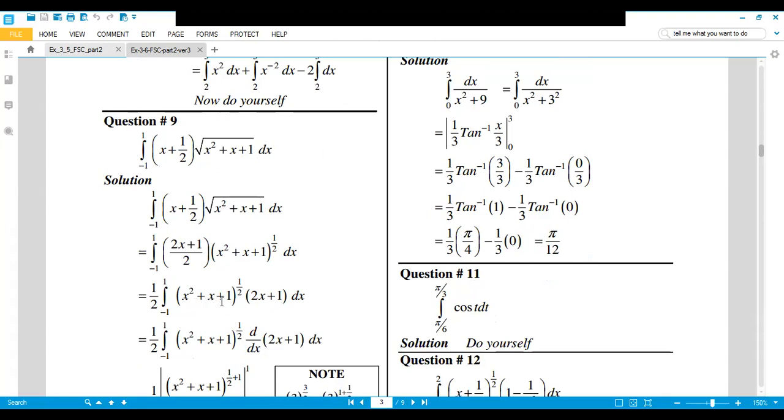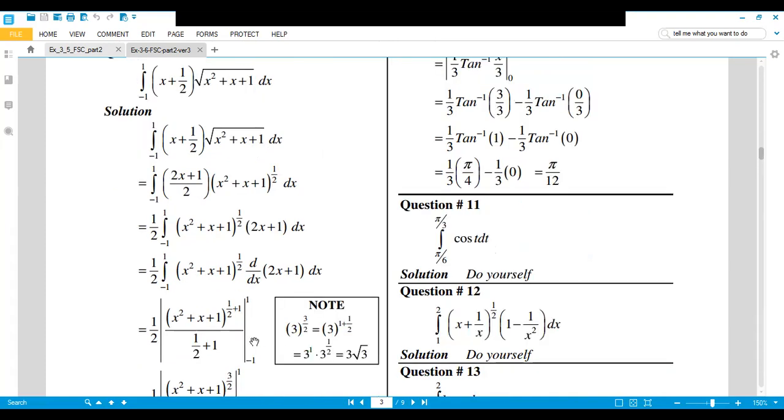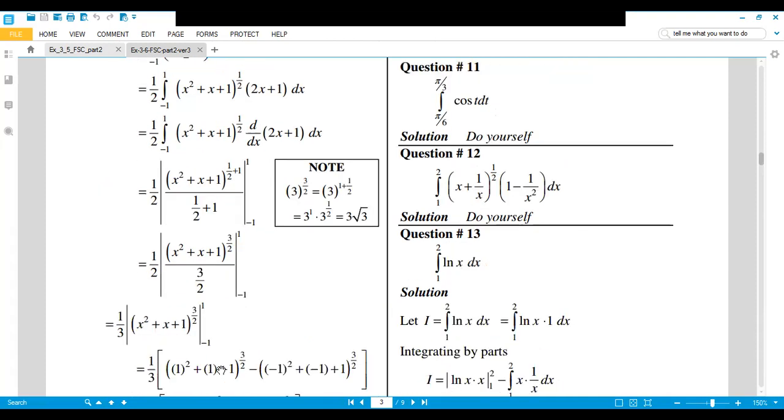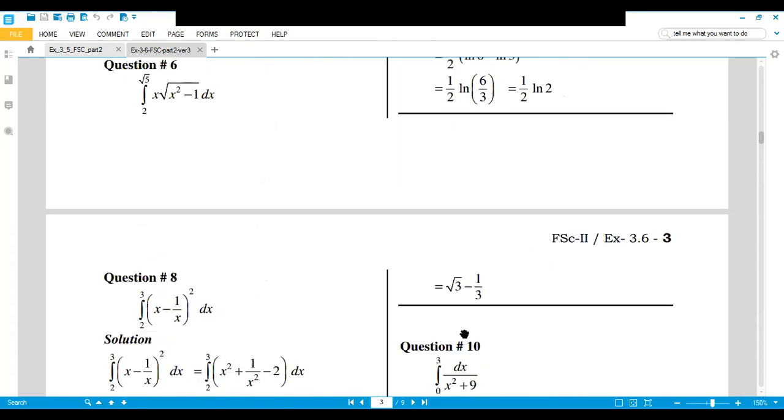And you know that the value and further derivative is present in the product, so 1 will be added, we use that rule. So 1 over 2 plus 1, 1 over 2 plus 1, and then we put the upper limit minus lower limit, and we get the required answer.